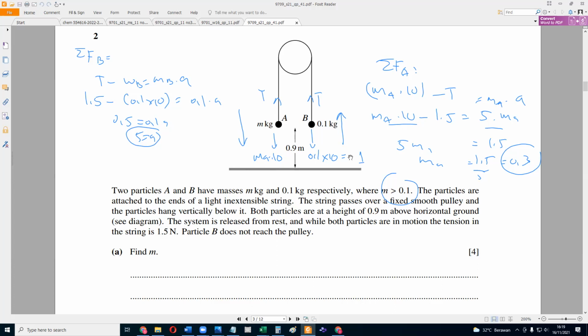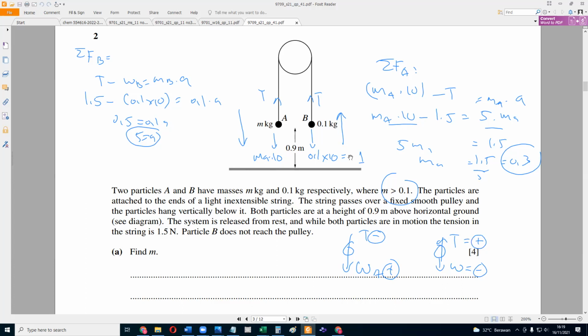So for A, because A is going down, the weight is positive, but the tension is negative. But for B, if you are in B, the tension is positive. It makes it go forward for B. But the weight of B is negative because it pulls it backward.